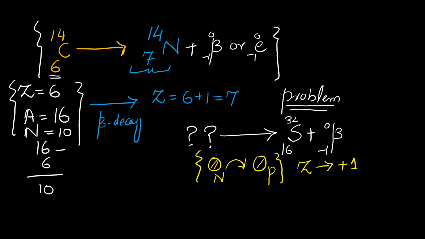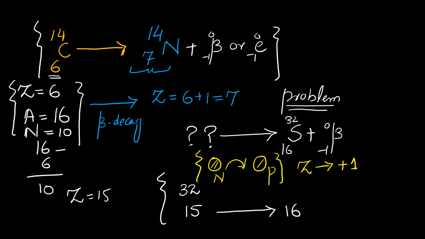So the parent atom will have an atomic number of 15, which is basically changed into an atom having an atomic number of 16. Whereas the atomic mass in beta decay remains the same, so the sulfur has an atomic mass of 32, so the parent atom will also have an atomic mass of 32. Now check the periodic table: which element has an atomic number 15?